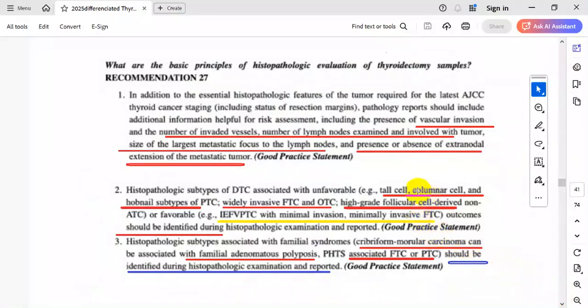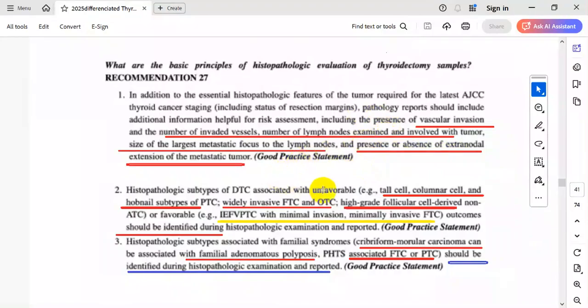The presence of vascular invasion or invaded vessels, the number of lymph nodes examined and involved with tumor, the size of the largest metastasis focus in the lymph nodes, the presence or absence of extranodal extension of the metastatic tumors, the staging, and the status of resection margins. That's why they should include additional information for risk assessment.